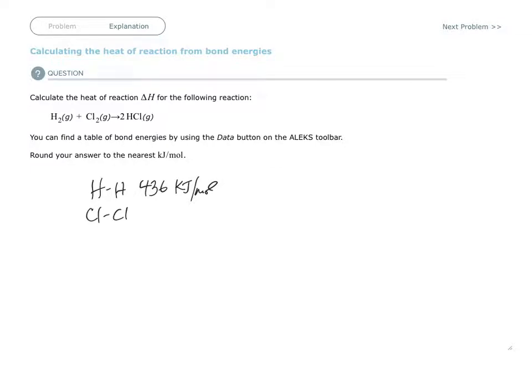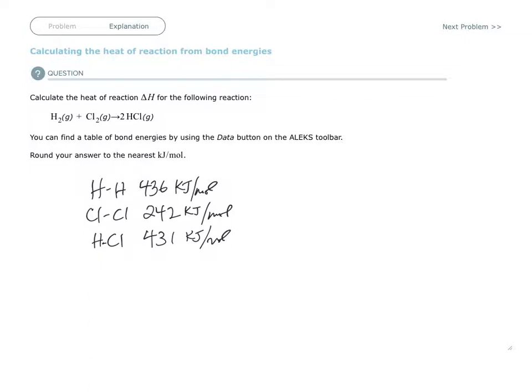A chlorine-chlorine bond is 242 kilojoules per mole. And a hydrogen-chlorine bond is 431 kilojoules per mole. So I just looked that up. That's just in a table.